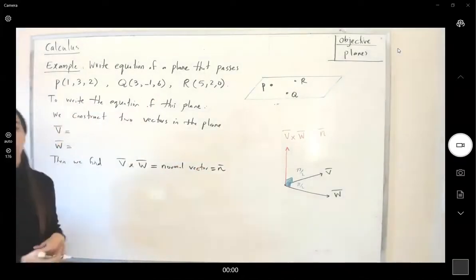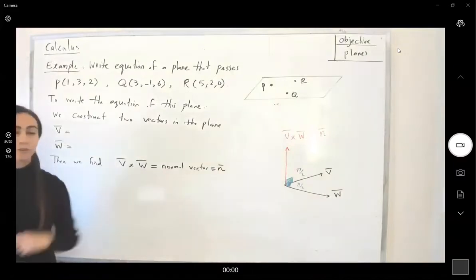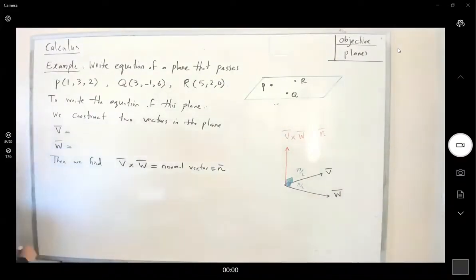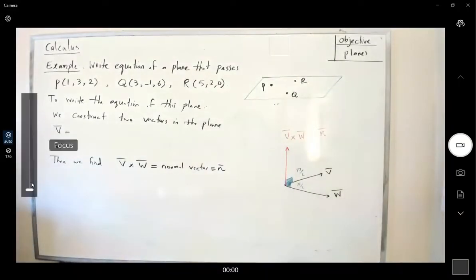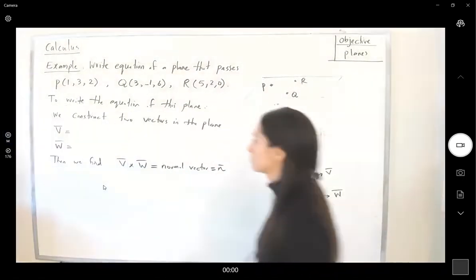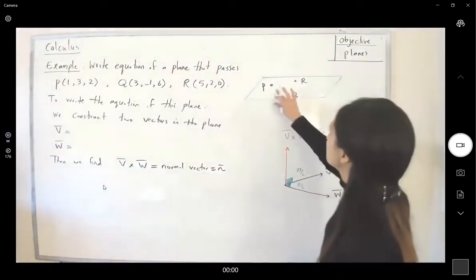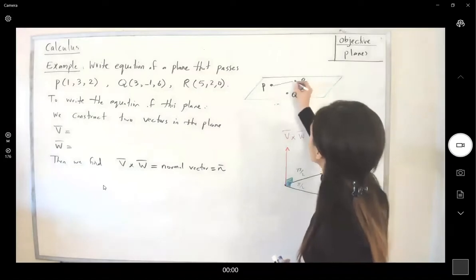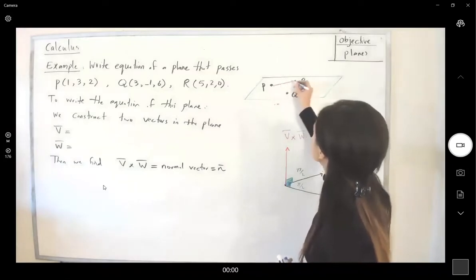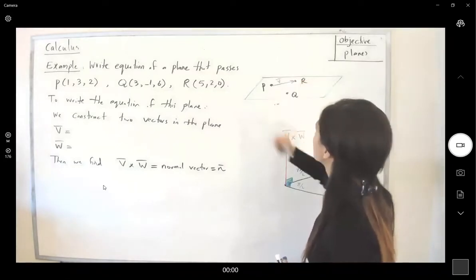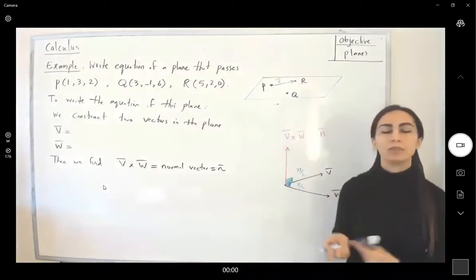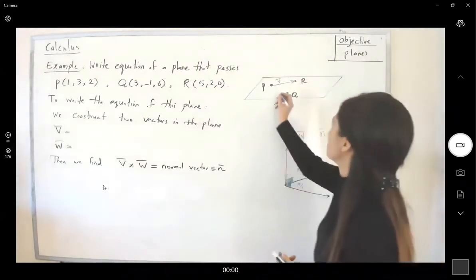We take one of the points in the plane, we have our normal vector, then we write the equation of the plane. Let us take PR and form vector V. Then we take P and Q and we construct vector W.